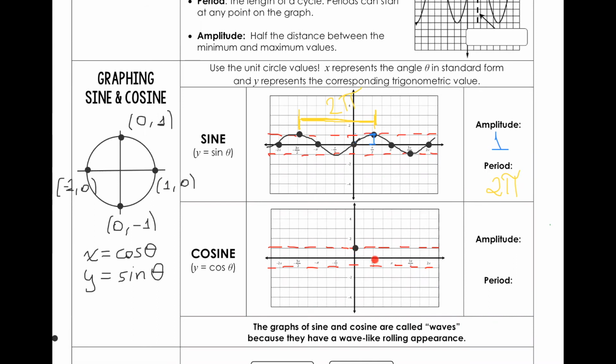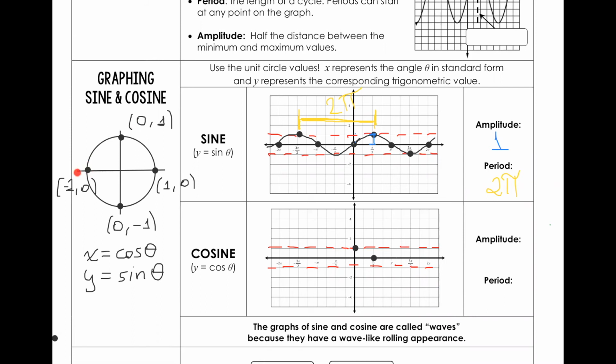So moving on, pi over 2. Whenever our angle is pi over 2, or 90 degrees, the x-coordinate for 90 degrees is 0. So let's plot 0 over here. Pi radians: if I have pi radians, I have 180 degrees. 180 degrees is all the way over here.